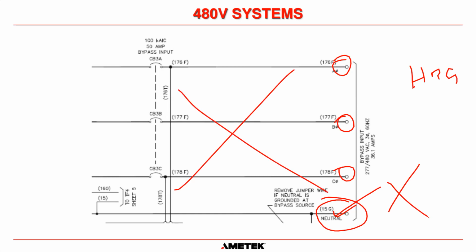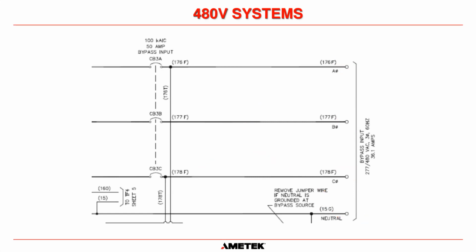Okay? There has to be modifications done internal to that UPS if there is no neutral connection run from the plant MCC. It's not as easy as the AC input to the charger, where we only run A, B, and C phases, and we don't need a neutral.